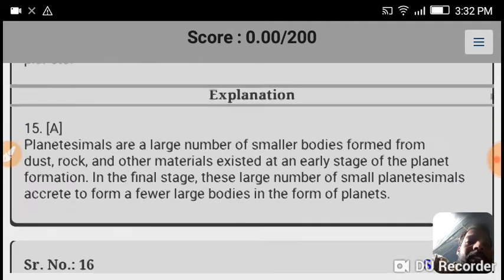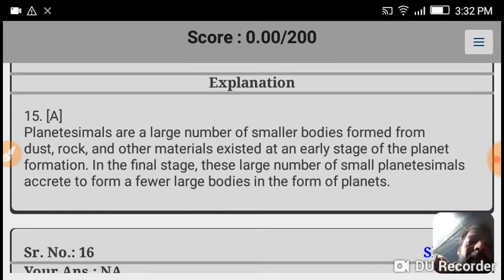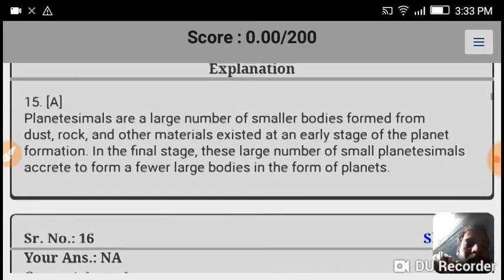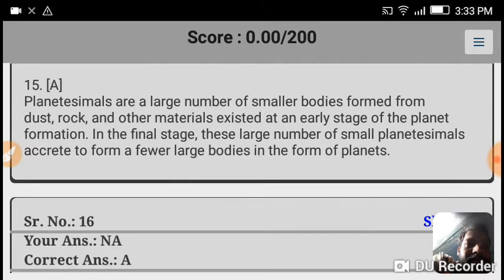Planetesimals are a large number of smaller bodies formed from dust, rock, and other materials that existed at an early stage of planet formation.